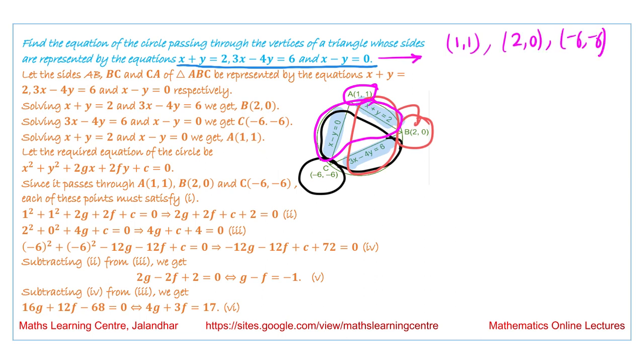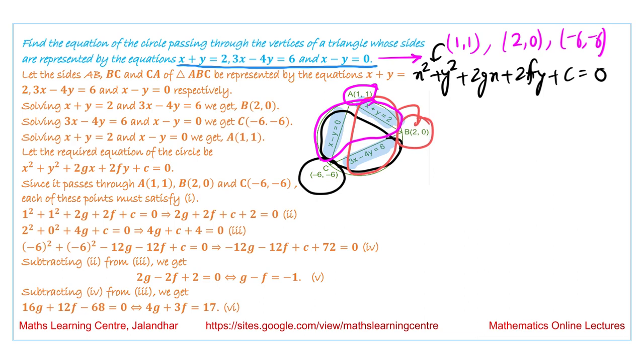Suppose the equation of the circle is x² + y² + 2gx + 2fy + c = 0. By substituting these points, we will obtain the 3 equations.